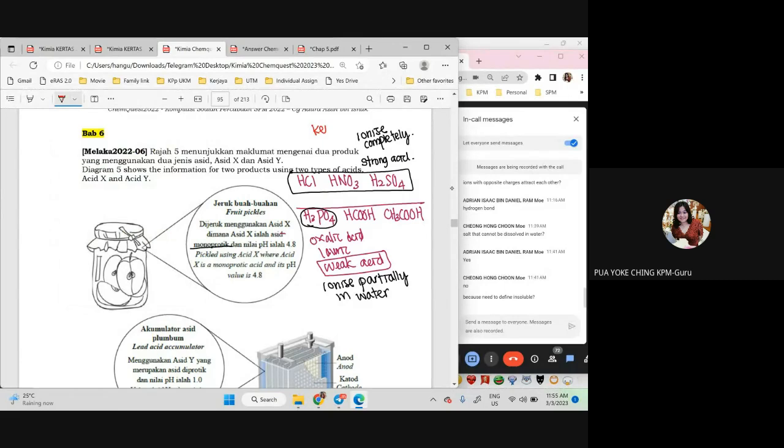So, kepekatan H+, concentration of H+ is higher. pH will be lower. Weak acid yang bawah-bawah ni semuanya adalah kepekatan H+ yang rendah, pH-nya akan jadi tinggi.